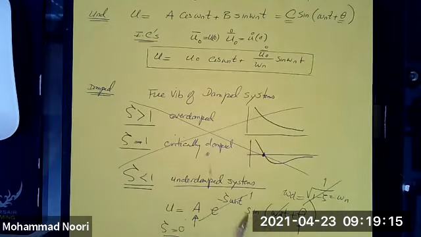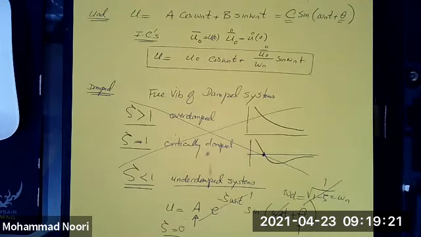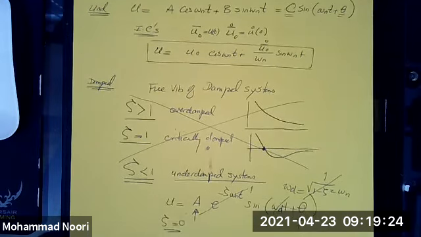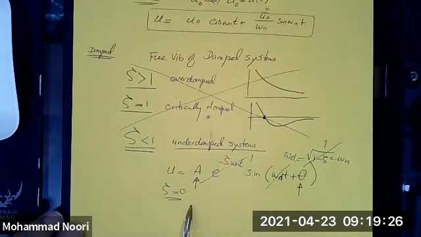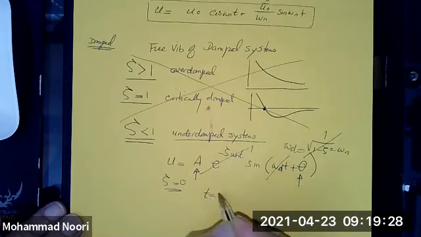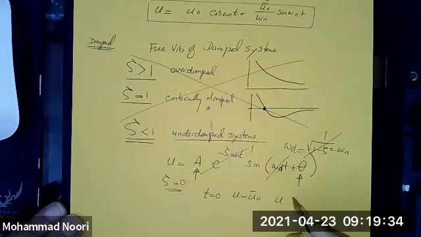So this reduces to that form. Okay, so this is a general form of the response of the system when it's vibrating freely. In terms of the initial conditions, let's say at time equal to 0, you have the value of the displacement, and you have also the value of the velocity, which is u dot naught.